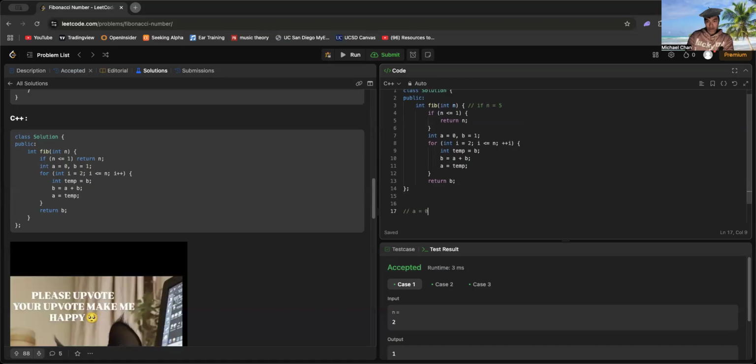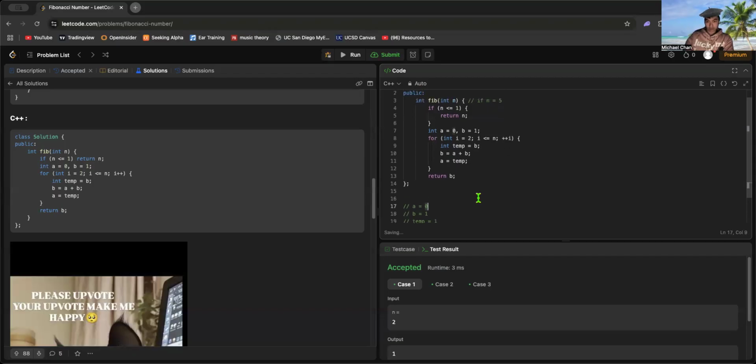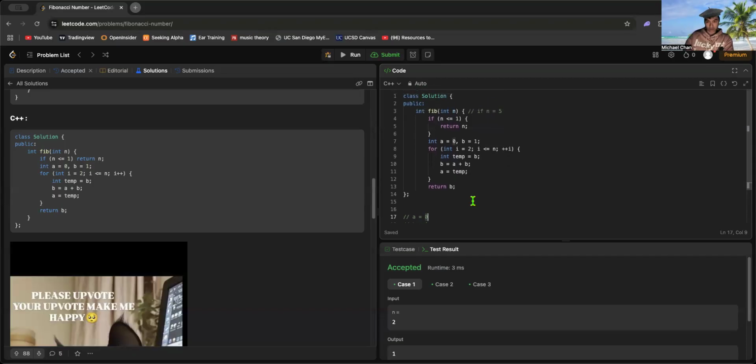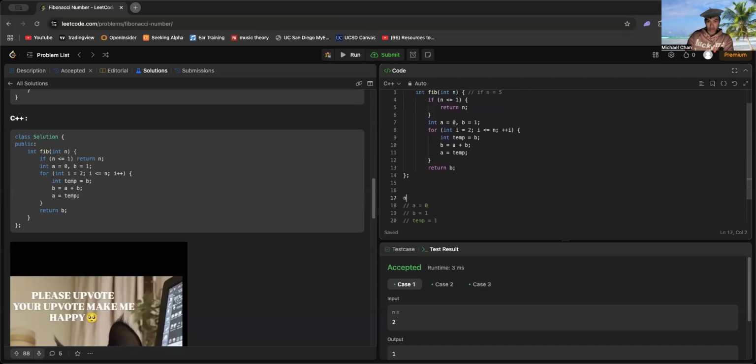So a equals 0, b equals 1, and then temporary is 1. So what happens when I call n equals 5? When n equals 5, a is 0, b is 0 plus 1 is 1.